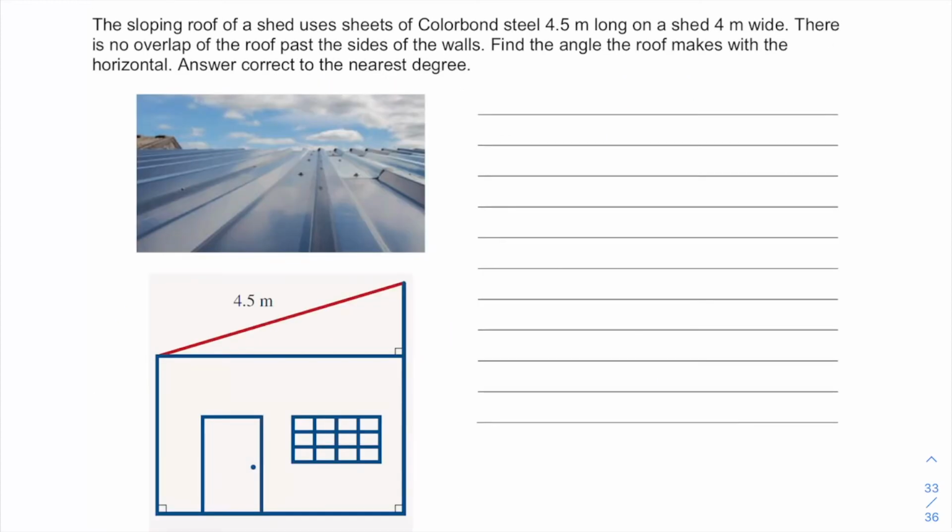Here we have a sloping roof of a shed that uses sheets of Colorbond steel, 4.5 meters long, and the shed is 4 meters wide. There is no overlap of the roof past the sides of the walls. The angle that the roof makes with the horizontal is what we're asked to find.